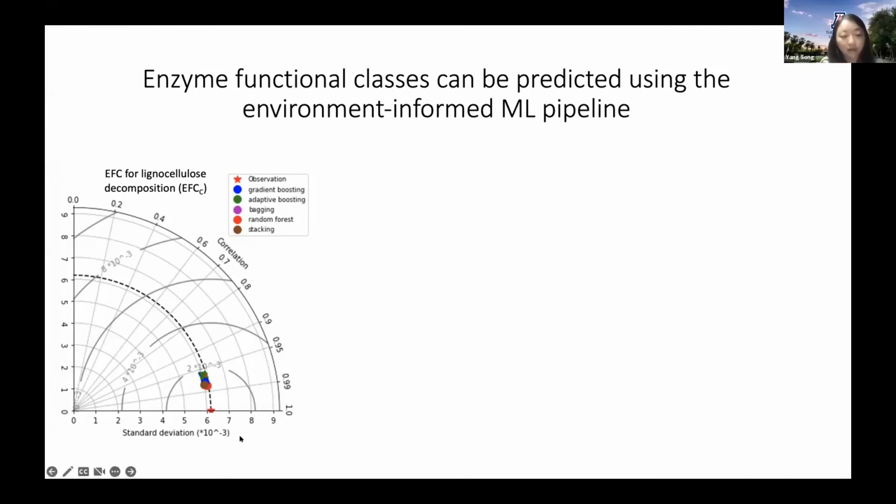Another thing we see is that the standard deviation of the prediction is also very close to the standard deviation of the omics data. That indicates that our model not only captures the overall information, it can also capture the spatial variability of the EFC abundance related to lignin decomposition across the US domain.